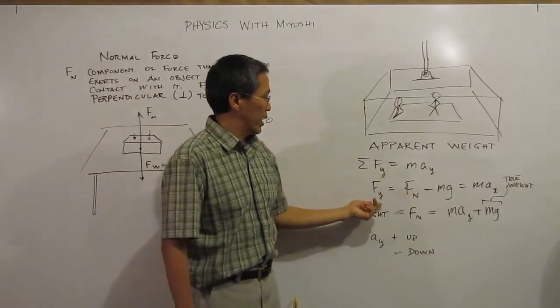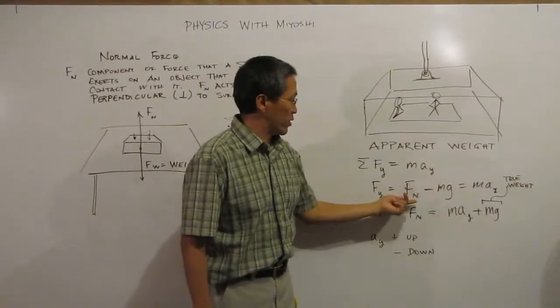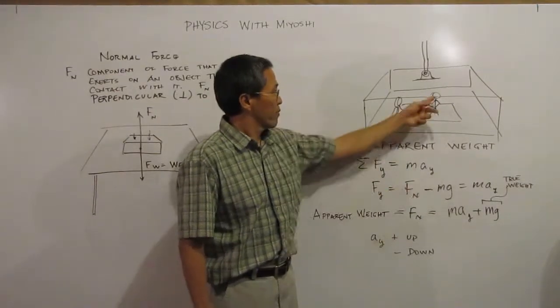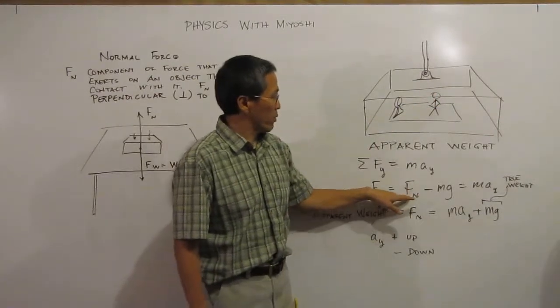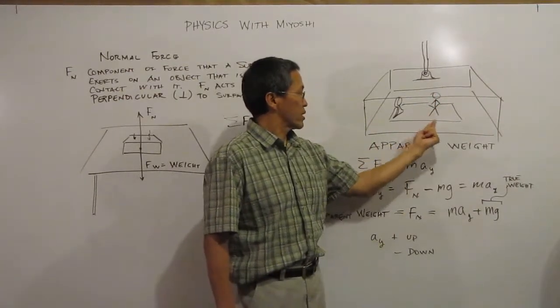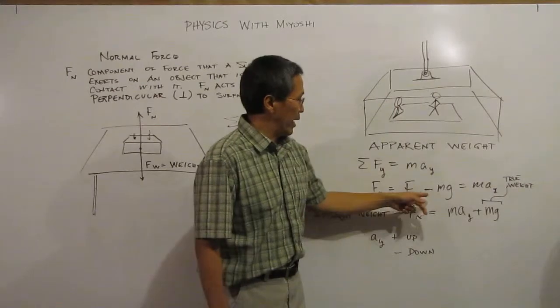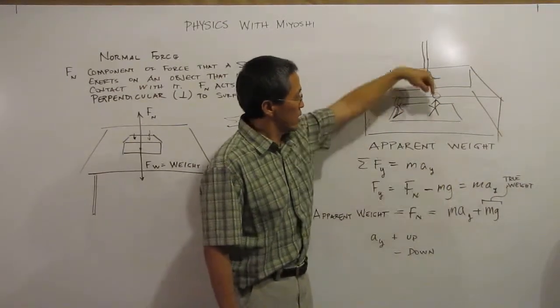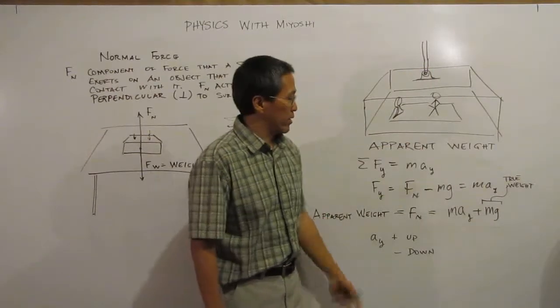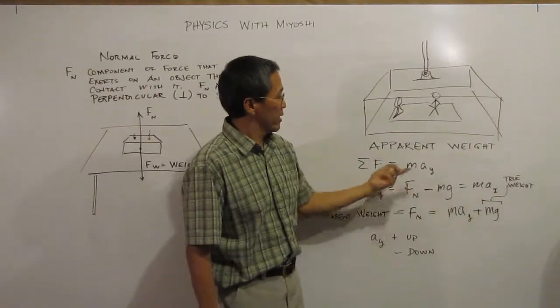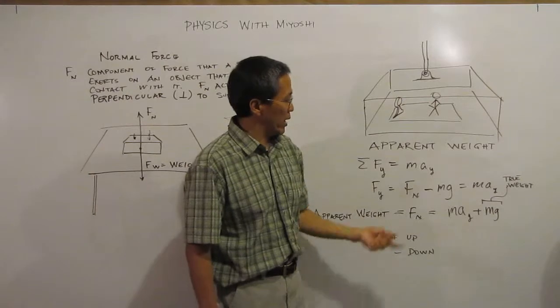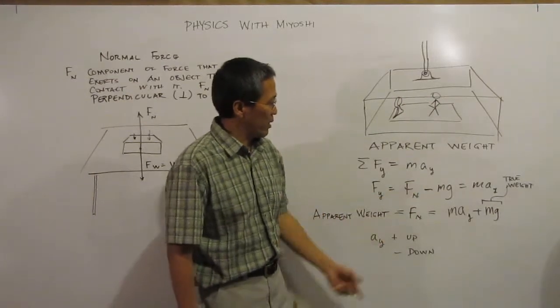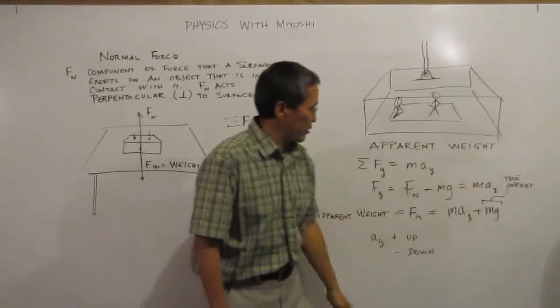In this case, the two forces acting on this person are the normal force, which is the force of the scale pushing upwards, and the weight of the person pointing down. As long as I'm not accelerating, they're going to be equal, and it'll give you the true weight. But if I'm accelerating, then that's a different story.